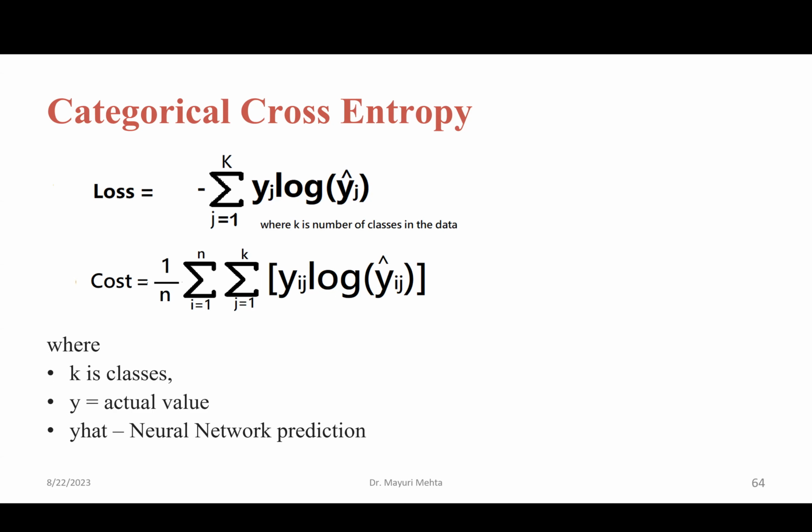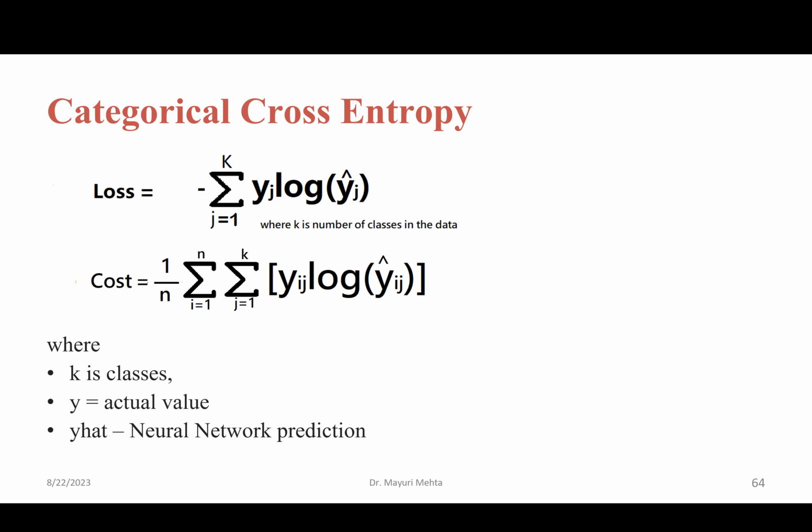Okay. Now, if I ask you what is the loss function in deep learning for natural language processing? I didn't focus on it because we are learning deep learning for computer vision. Deep learning for natural language processing is a vast topic, and it is different. But just for your information, in deep learning for natural language processing, various loss functions are used depending on the specific task you are doing.